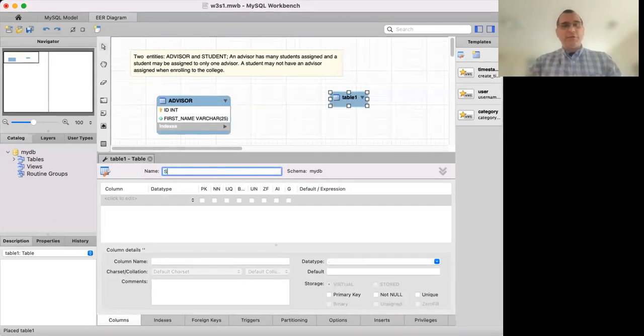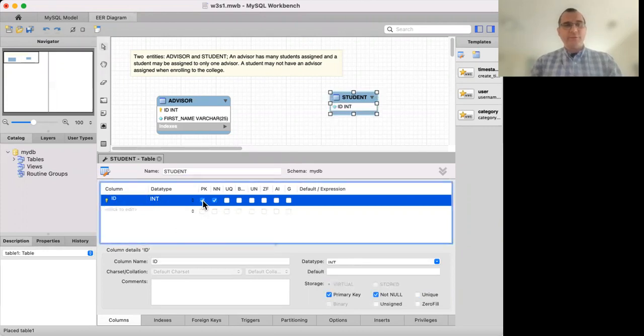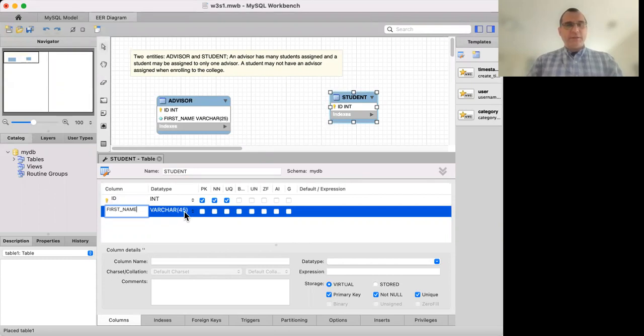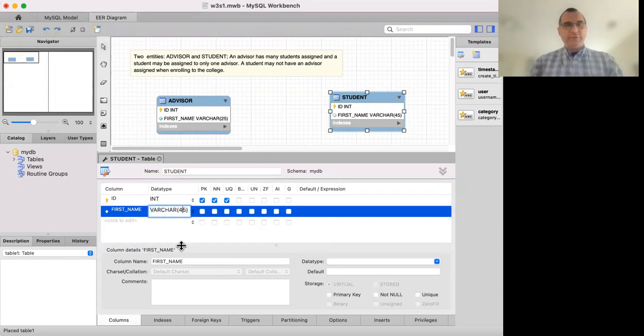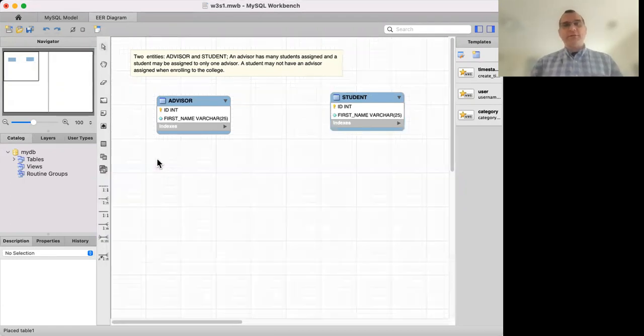I will not put all the information about the students, but for a similar reason as with advisor, I will need some kind of primary key. Let's put an ID. Then I will need to keep the first name and other information. To be consistent, I will have first name, just required, no other element.